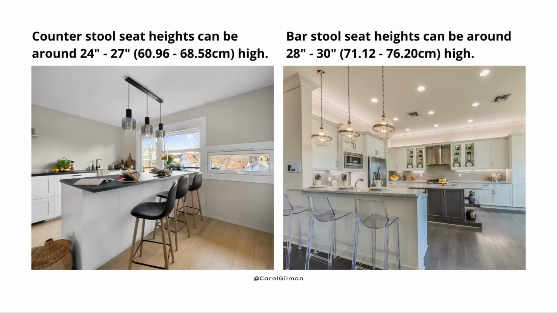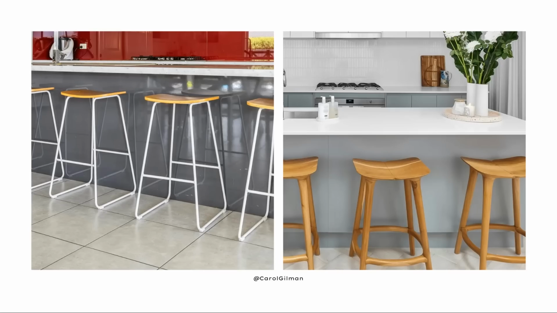And then if you are limited on space, there are a couple things that you can look for when you're looking for a bar stool. One thing is to not choose a bar stool that has a back. So that saves up space just because that design doesn't have a back to it. The other thing that you can look at is a design that doesn't have any arms on it, because if that bar stool has arms, that probably takes up more space and makes that bar stool wider.